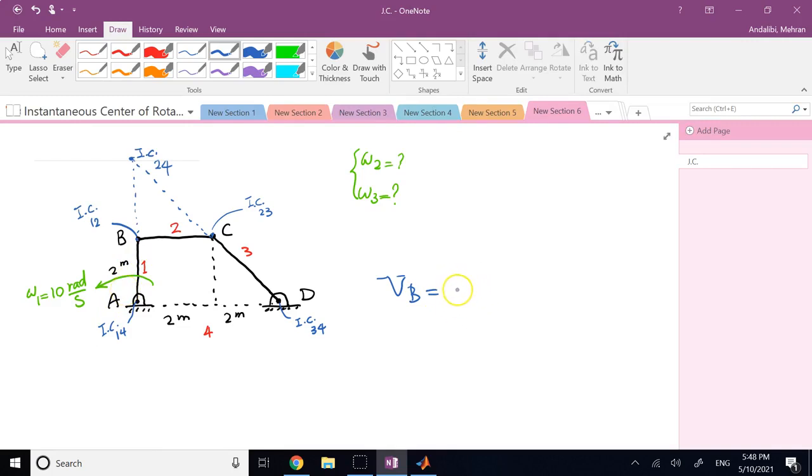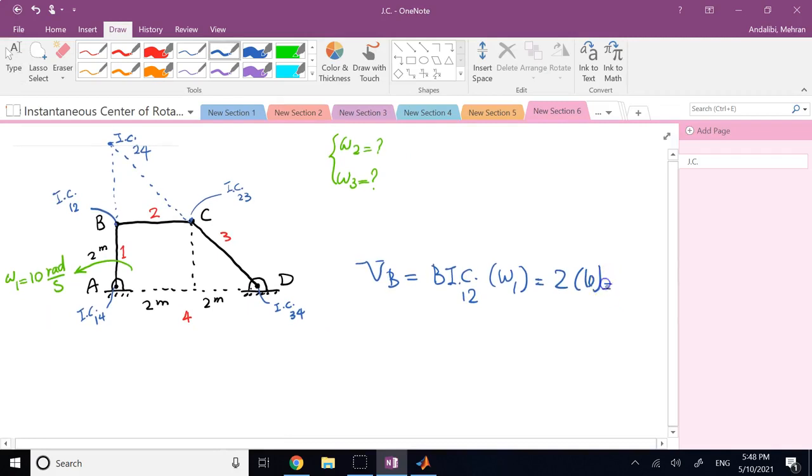It is going to be the distance from B to IC of member 1, 4 times omega of 1. And clearly this number is equal to 2 times 10. So it is going to be 20 meters per second. And because of the direction of omega 1, which is counterclockwise, V of B is of course going to be to the left.